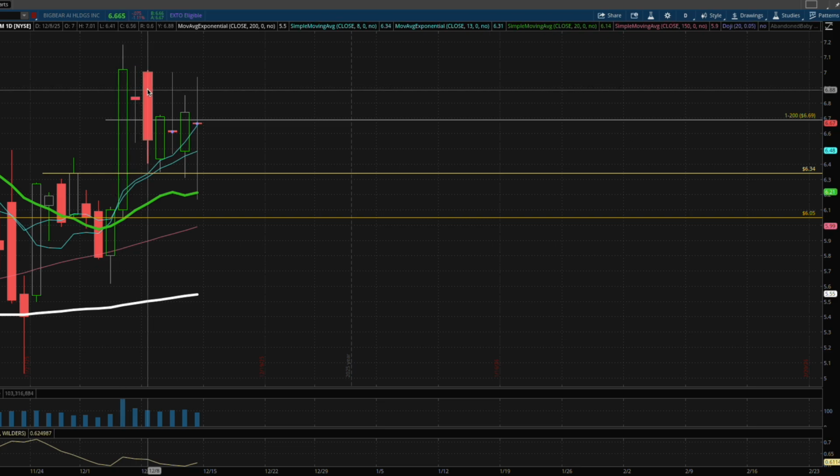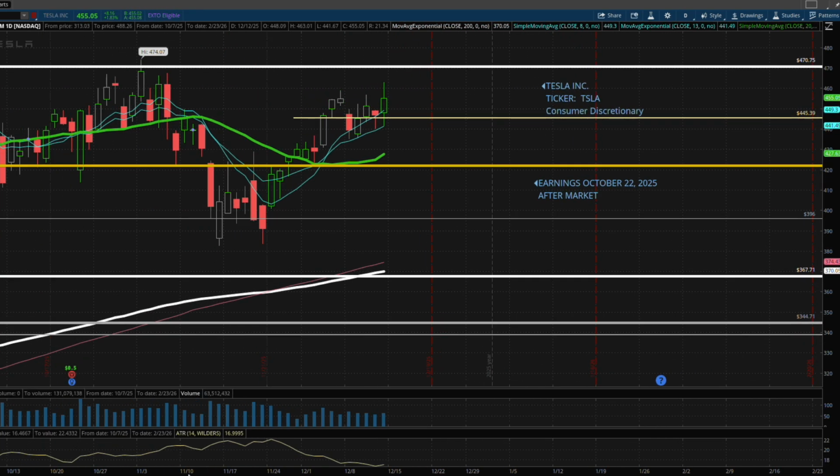If we look at this red bar, it opened at $7, had a high of $7.01, had a low of $6.41, and had a close at $6.56. And so that's why it's red, because it closed lower than where it opened. If it had closed higher than where it opened, it'd be what? That's right, green. Okay, so that's how candlesticks work.